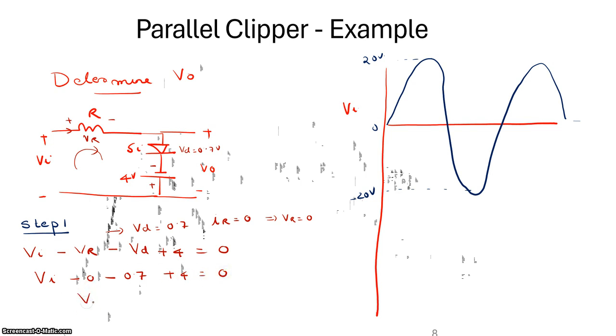So we are getting VI equal to minus 3.3 volt. That is the input voltage point where your output is going to change. Minus 3.3 volt will come somewhere here. So that is step 1.